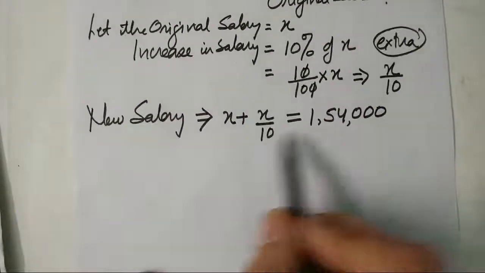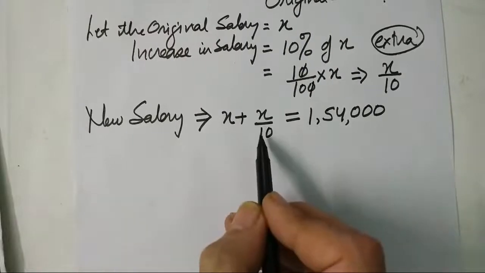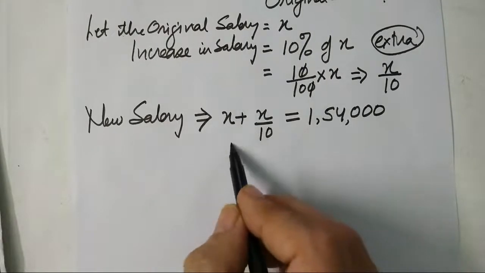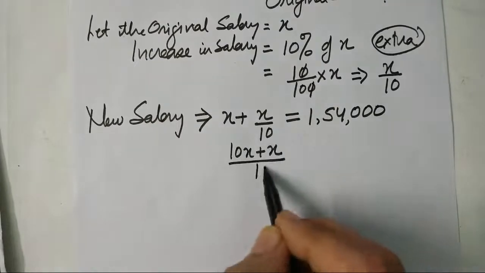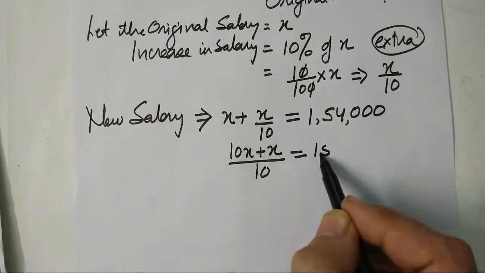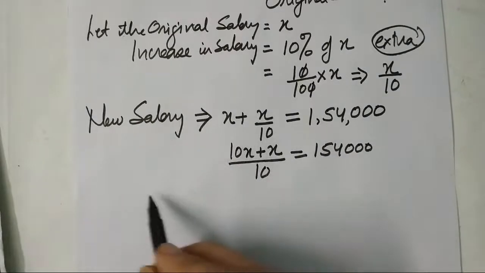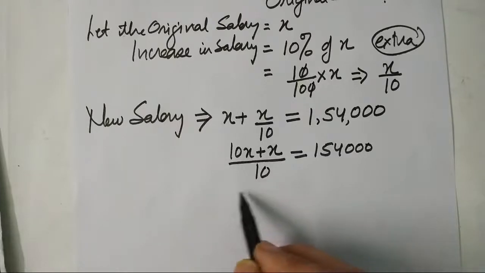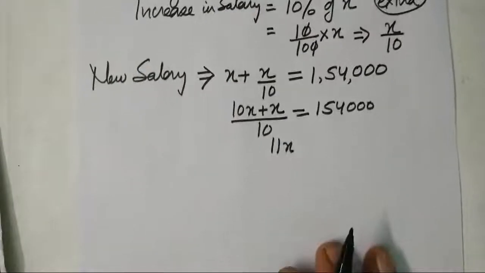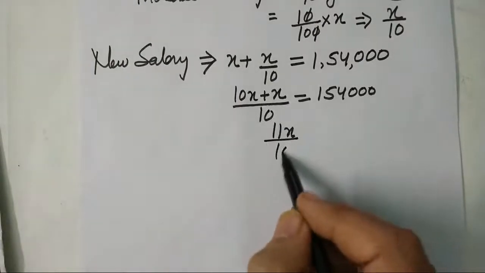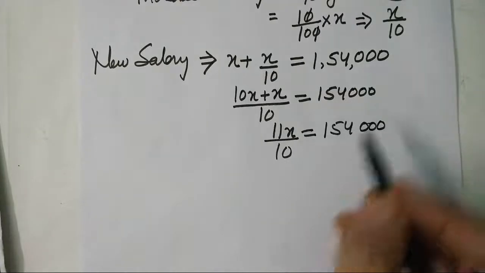Now it is a linear equation question, so take the LCM, it will become (10x + x) upon 10 is equal to 1,54,000, and when you simplify, it will become 11x upon 10 is equal to 1,54,000.